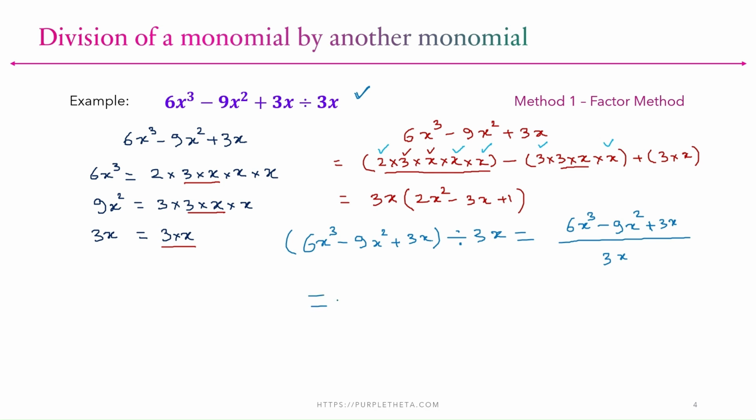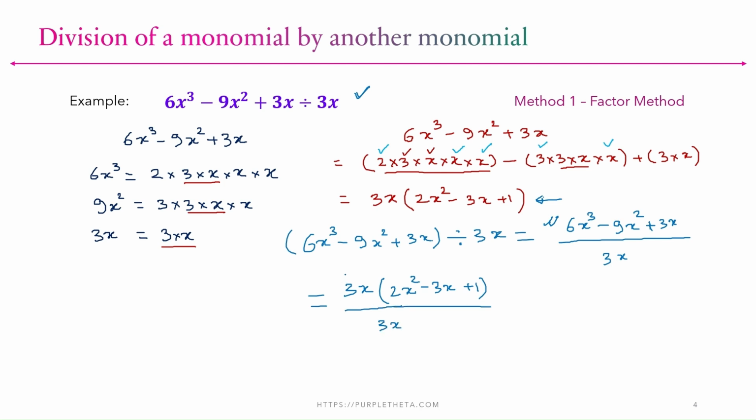This is equal to, we have just seen, so this polynomial can be written this way as well, where we have taken 3x common. I will write 3x here, 2x square minus 3x plus 1 and divided by 3x in the denominator, right?